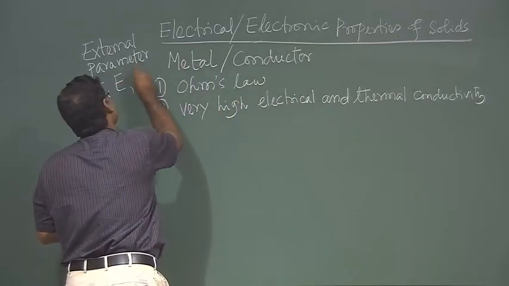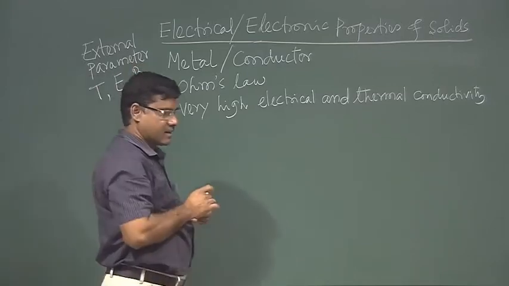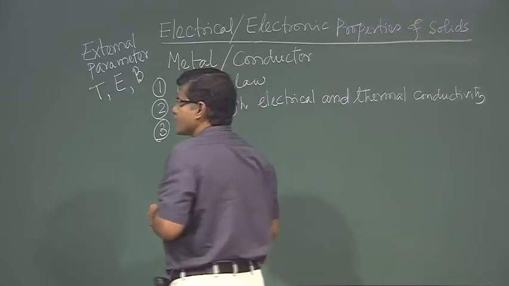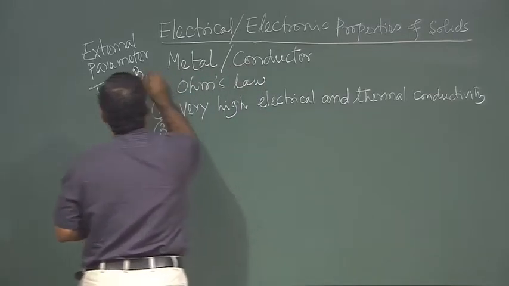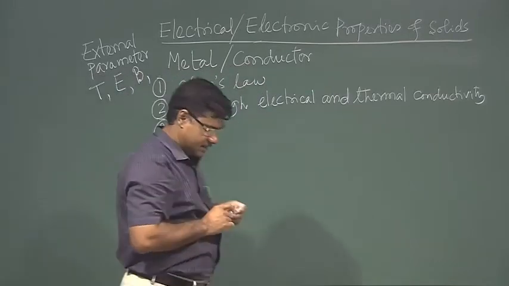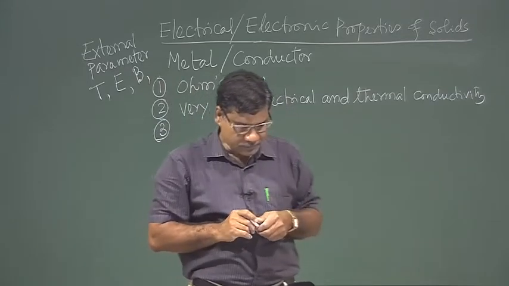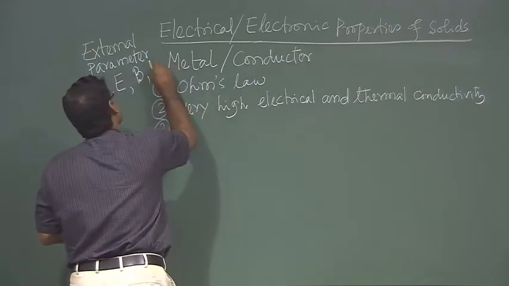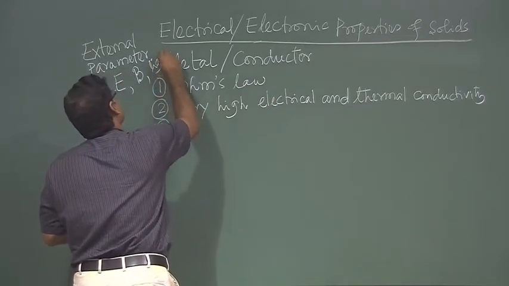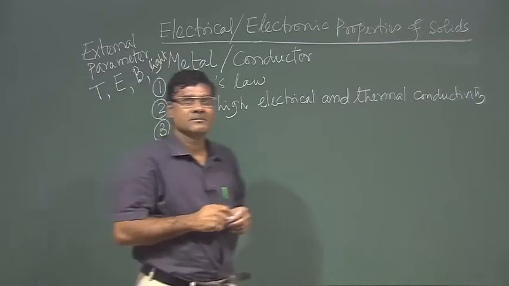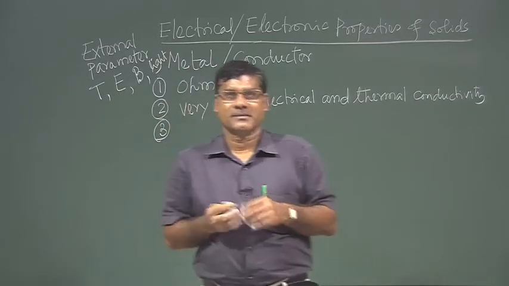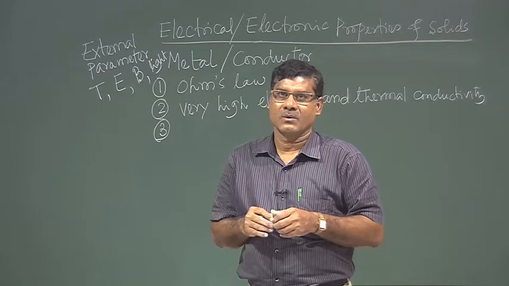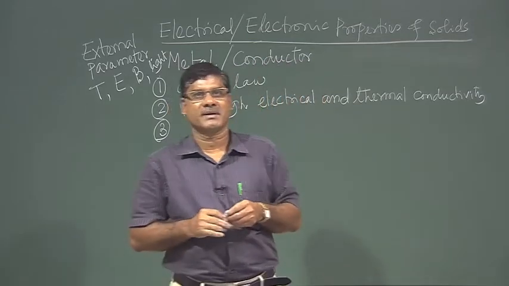The third important parameter is magnetic field. What is the response of that material to magnetic field? And the fourth one is light. If you put light on the material, what is the response of that material?